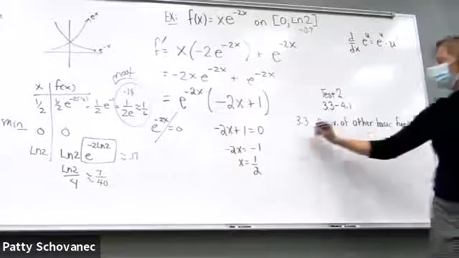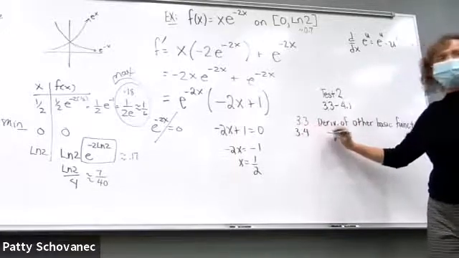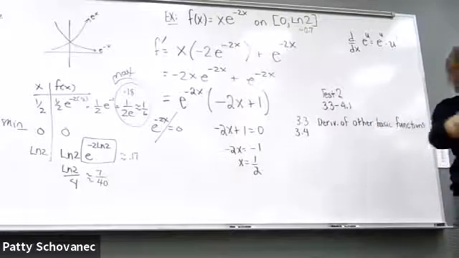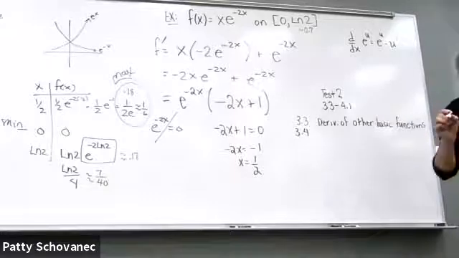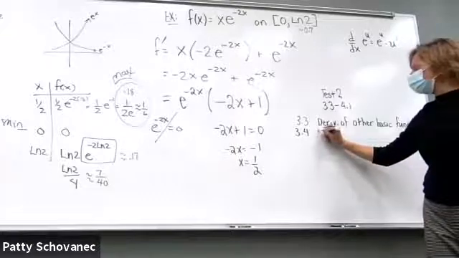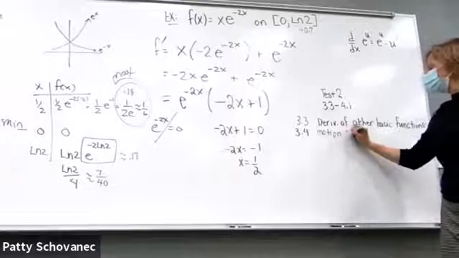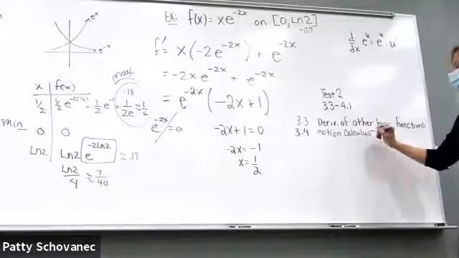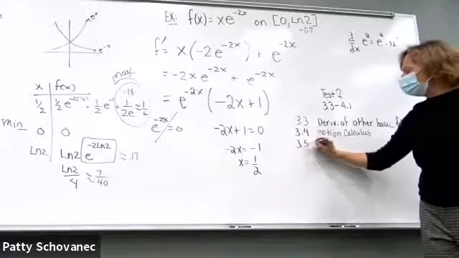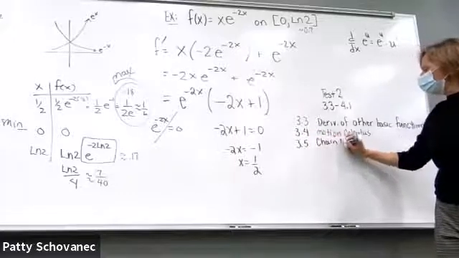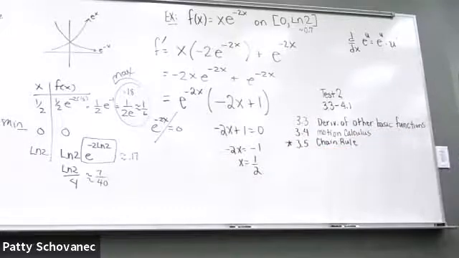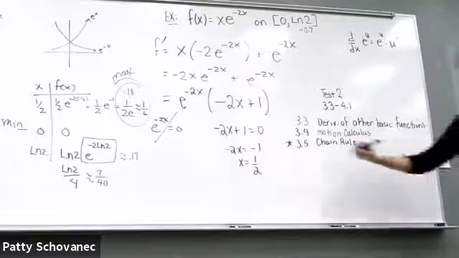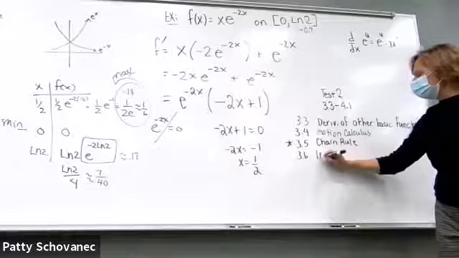Section 3.4 was the motion calculus, where the first derivative is the velocity and the second derivative is acceleration, and we were talking about a particle moving on the number line or a particle being thrown. Section 3.5 was the chain rule. So that's the biggie. A large percentage of our problems are going to come from the chain rule. 3.6 was implicit differentiation.